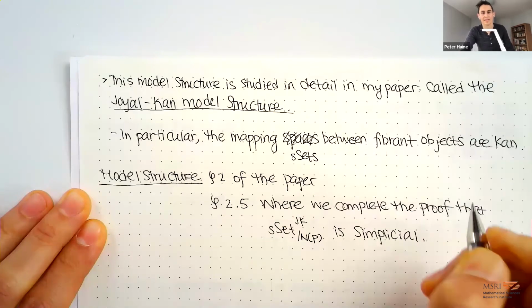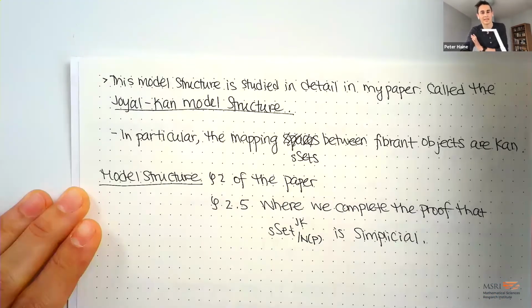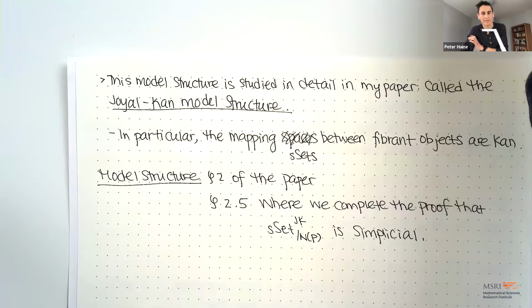Yeah, so it's one of these things where there's a nice criterion that you can check to check that a model structure is simplicial.